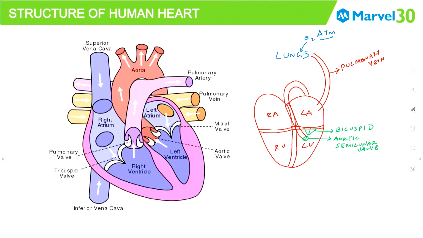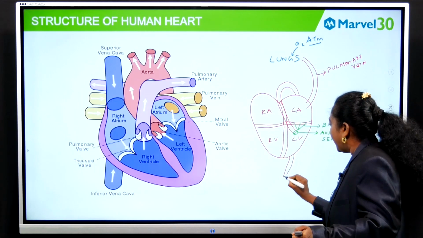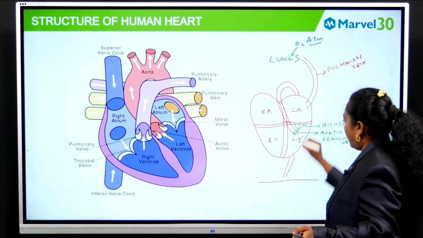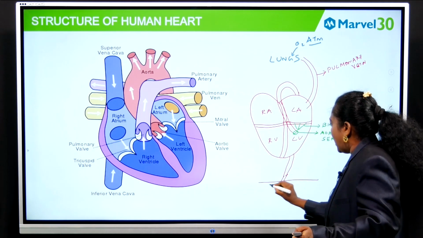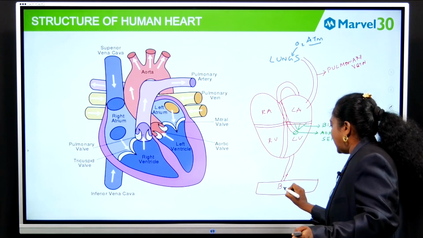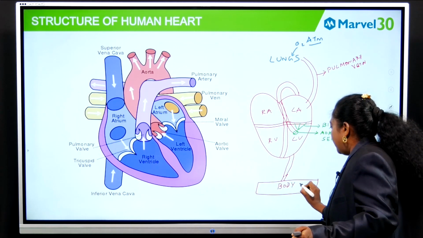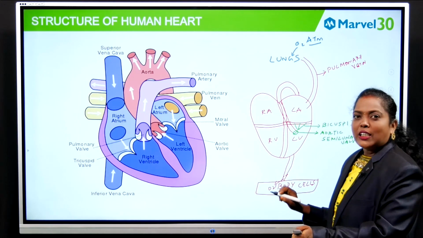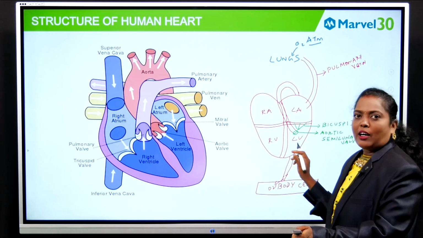So this aorta is going to supply the blood to the entire body. This aorta is supplying the blood to our body cells, and the cells receive the oxygen with the help of this aorta and the arteries.